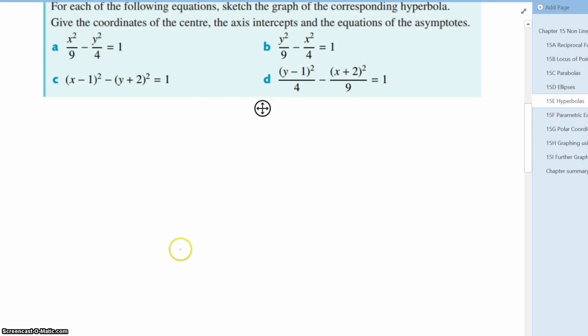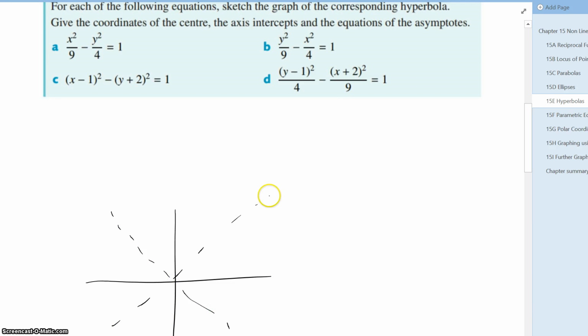So I've got something like this, and instead of having asymptotes y equals x and y equals -x, I'm going to have something slightly different. Instead of x, I'm going to have x minus 1, so plus or minus x minus 1, and instead of y, I'm going to have y plus 2.